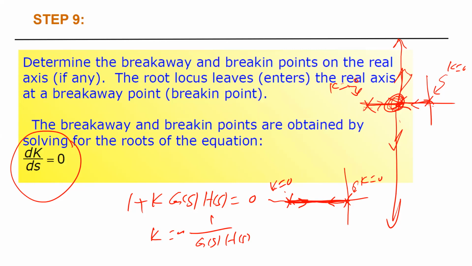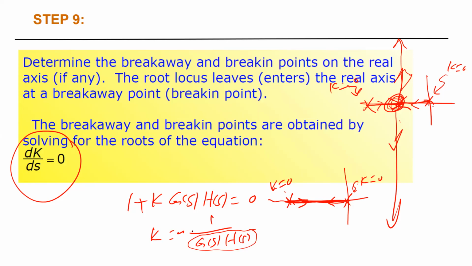If K is equal to 0, it means that this is equal to infinity, and this will be infinity when we have poles.